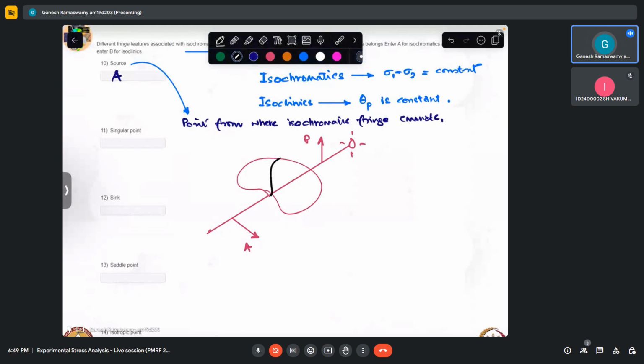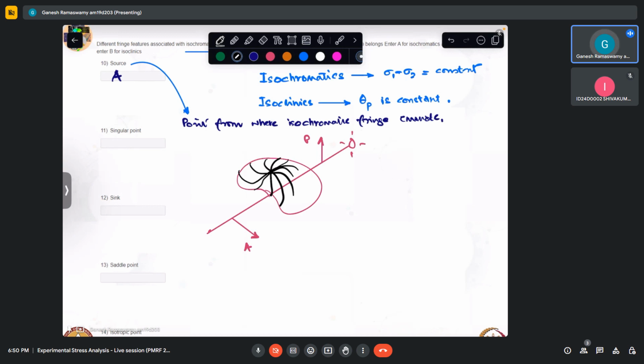Similarly, when we rotate it by, let us say, 5 degrees, we might have another set of isoclinics which will all have theta p equal to 5 degrees. So like this, if we go on doing this, we will be able to see that the isoclinics basically sweep the entire model.